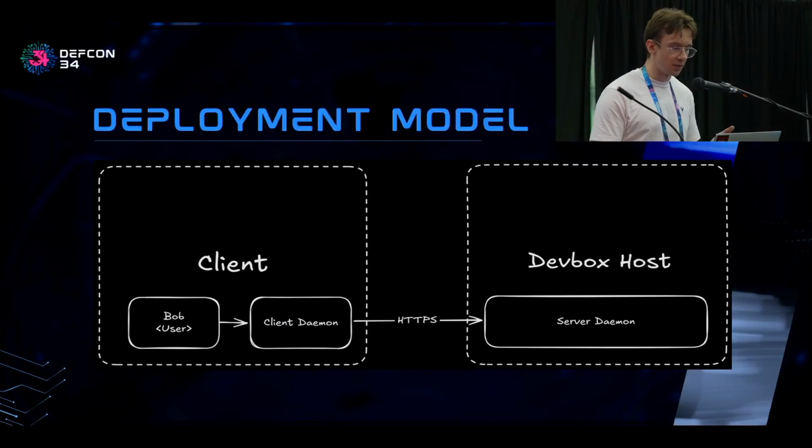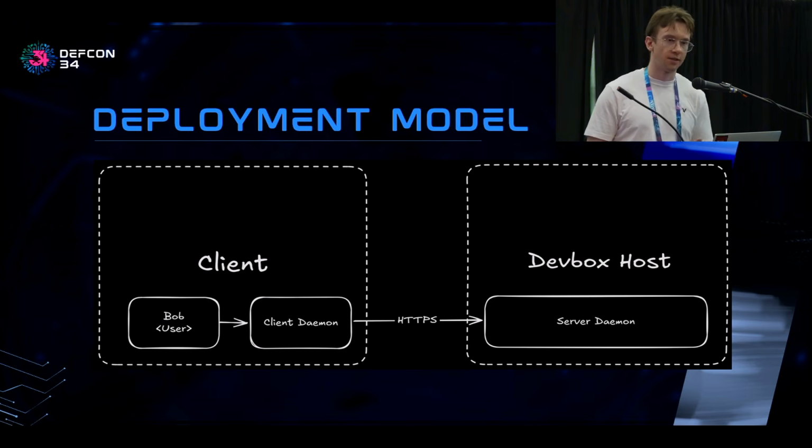Essentially, you've got your client, which would just be my laptop. Then you've got your host provider, which all of the containers will be hosted on. On our client we've got some local user, let's call him Bob, and Bob is a member of the Workspace group.